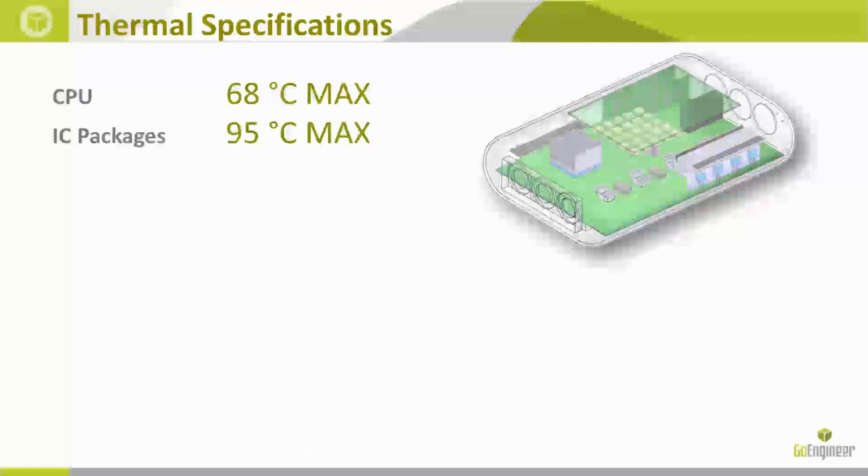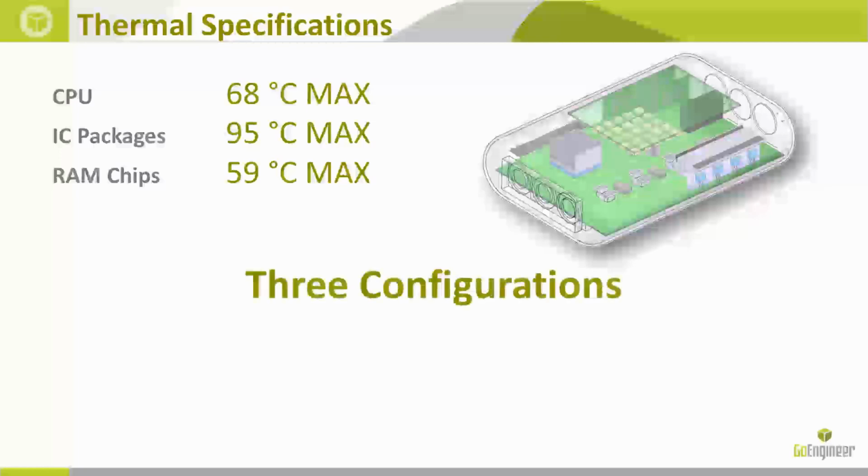The IC packages, which are on the right corner end of the enclosure, close to the exits on the far side, can go up to about 95 Celsius, and we have the RAM chips on the PCBs, which can go up to about 60 degrees Celsius, and these are conditions that have to be met, and we have control over a few things.